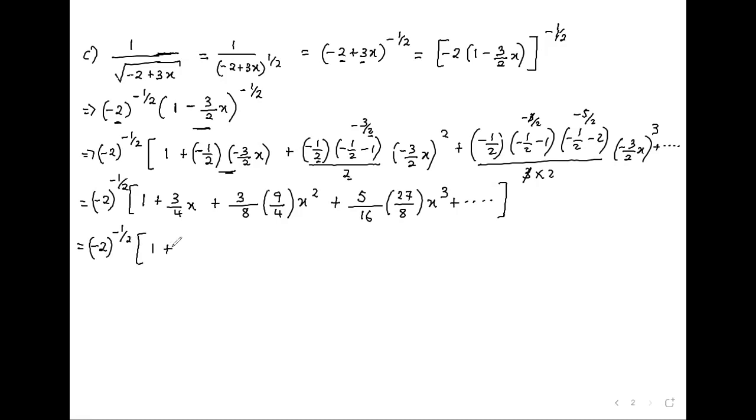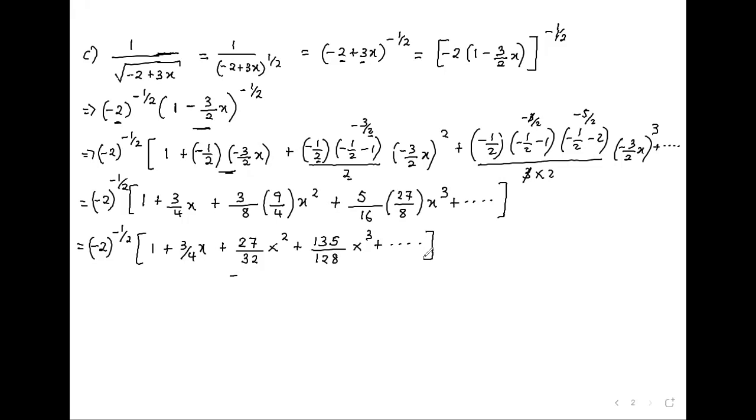So you have 1 plus 3 over 4x plus 27 over 8 by 4, that's 32, x squared, and then plus 5 times 27, we get 135 over 16 by 8, we get 128, and then x to the power 3 plus.